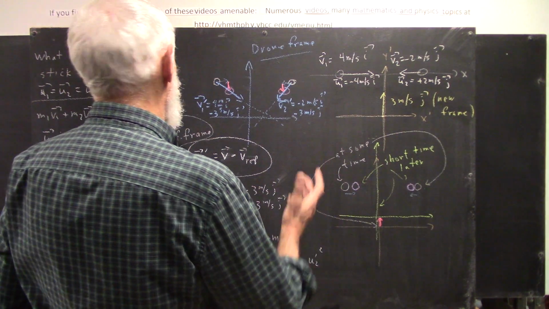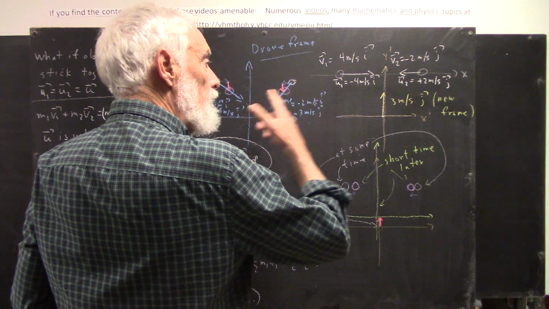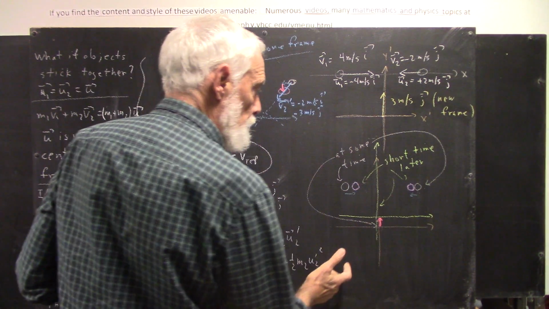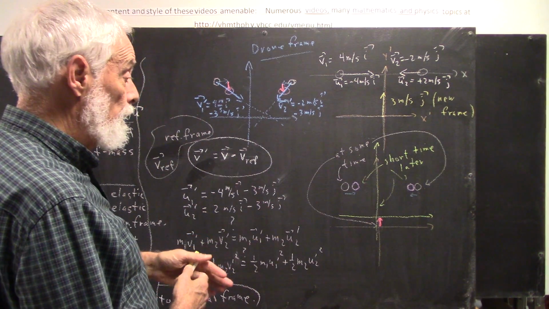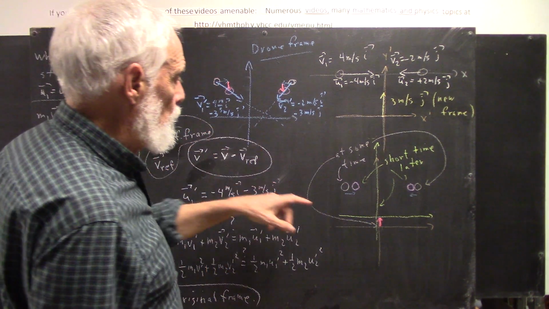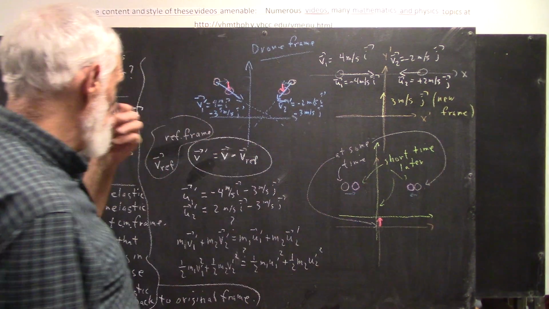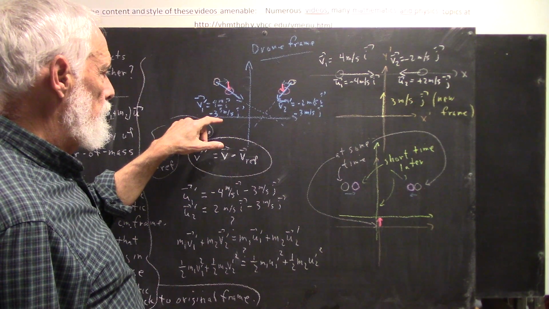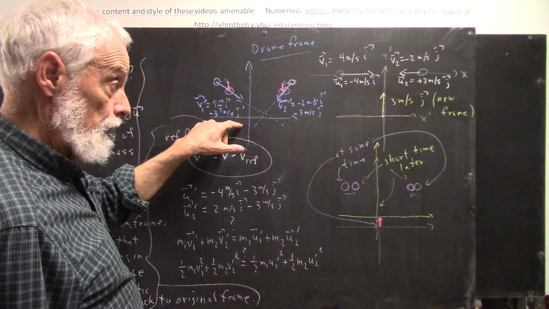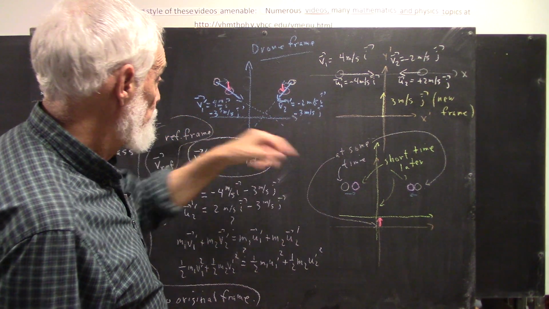so the y velocity of each as observed from the reference frame is going to be equal to the negative of the velocity of the reference frame. So the y velocities of both of these objects will be observed to be negative 3 meters per second times j. Okay?